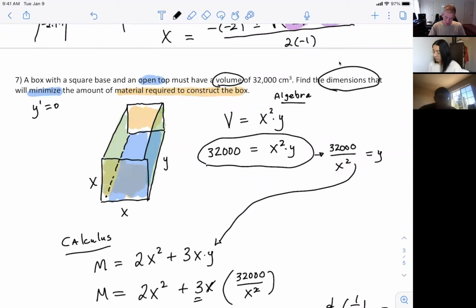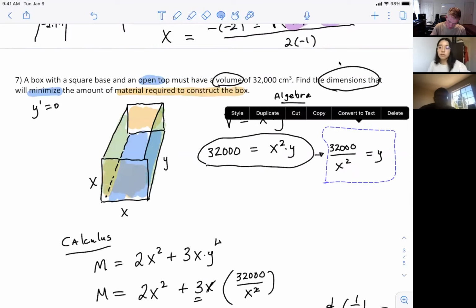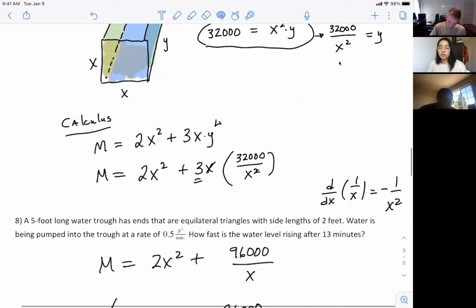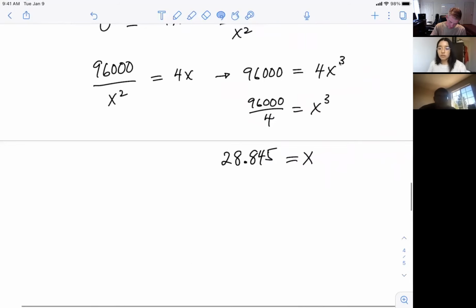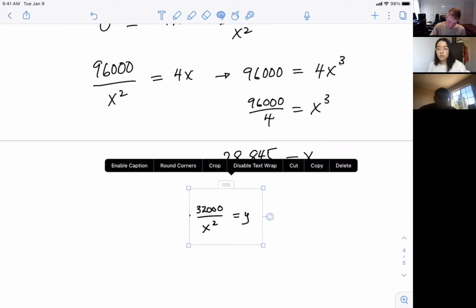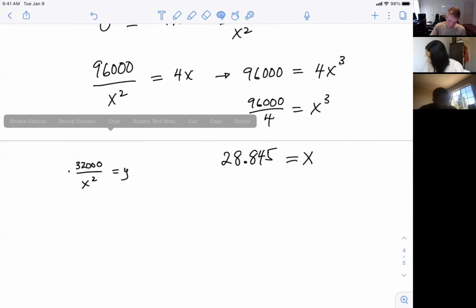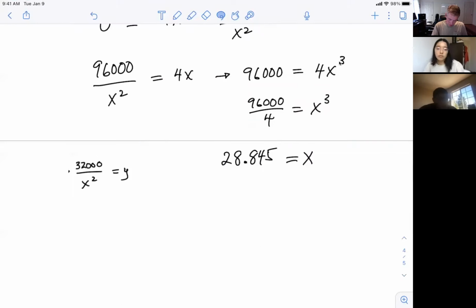And then in the directions, I said find the dimensions. So we need to find both x and y. So I could use this equation right here to find out what y equals.